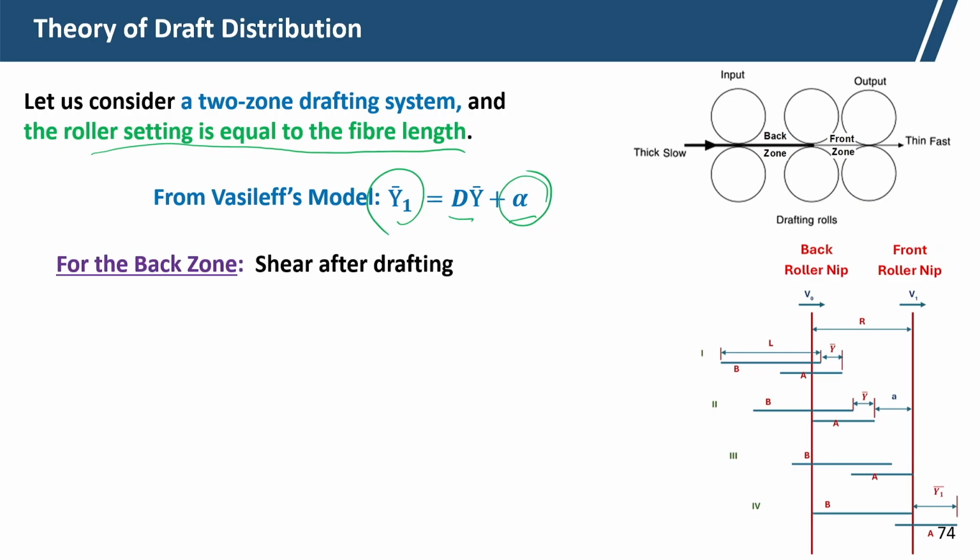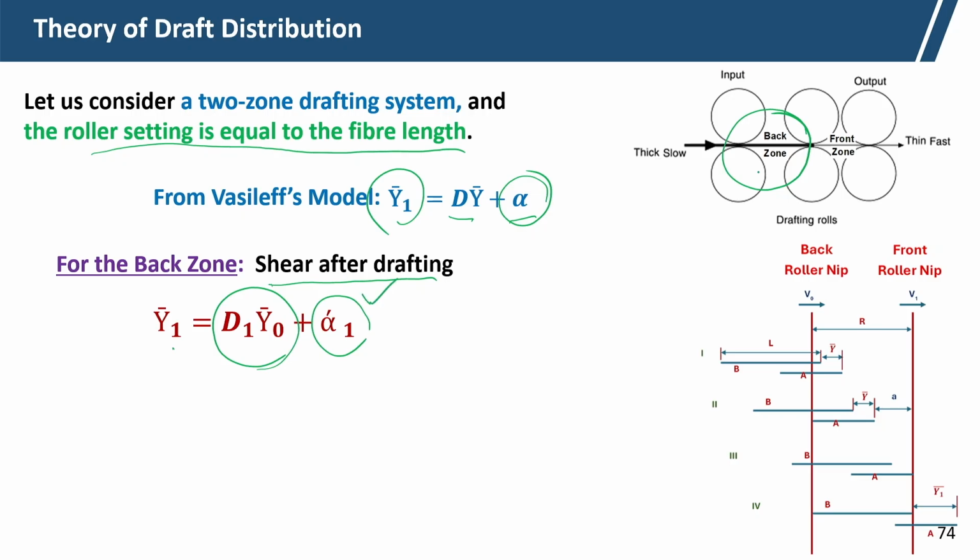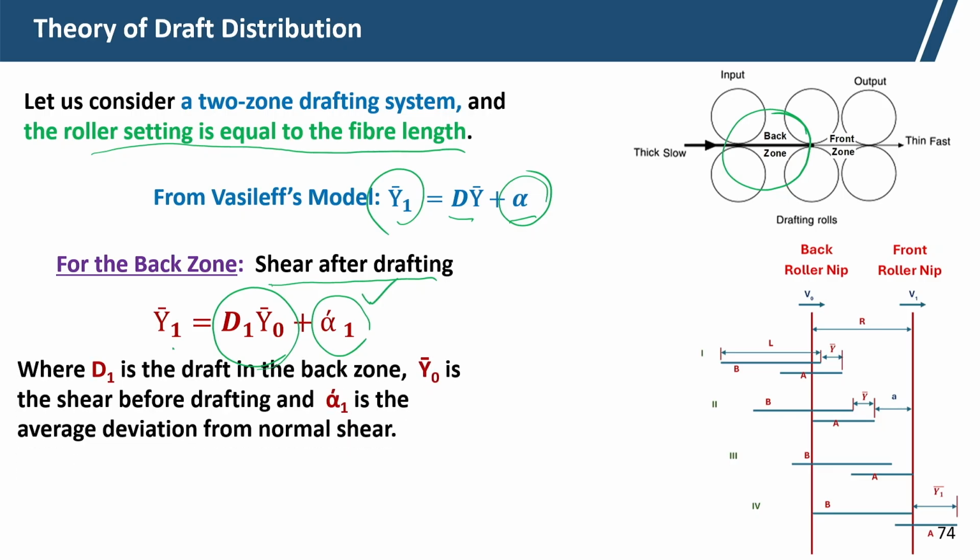For the back zone, the shear after drafting will be y1 bar equals d1 y0 bar plus alpha1 dash, at the back zone. d1 is the draft at the back zone, a break draft which is very low. y0 bar is the shear before drafting, and alpha1 bar is the average deviation from the normal shear at the back zone.